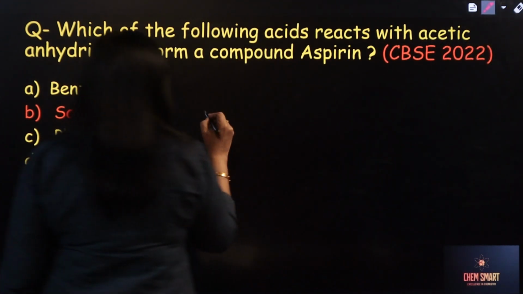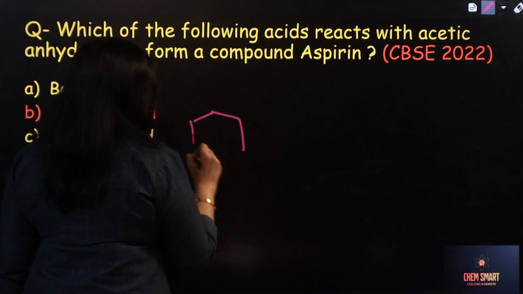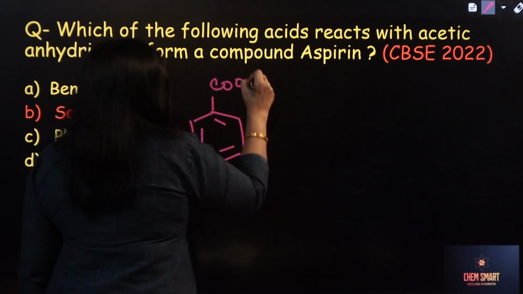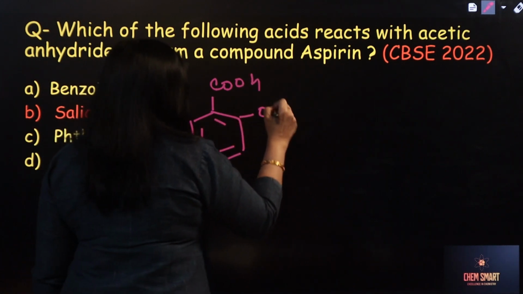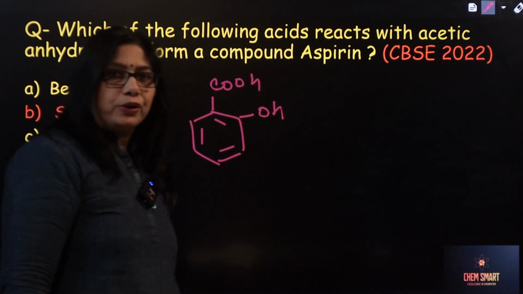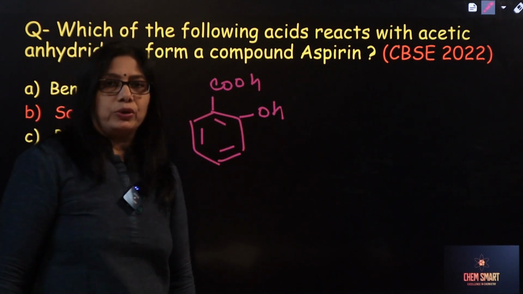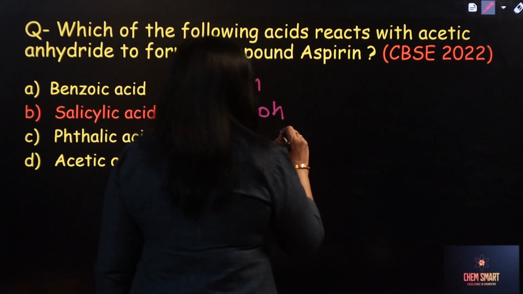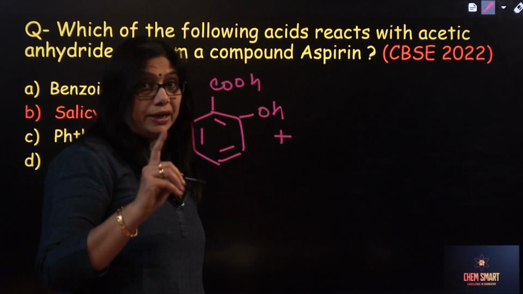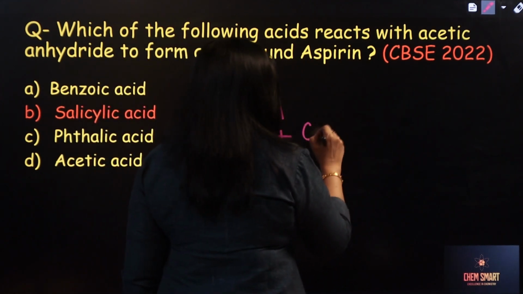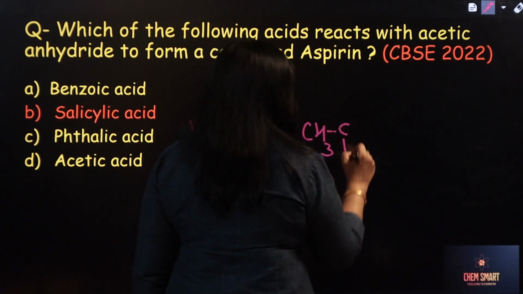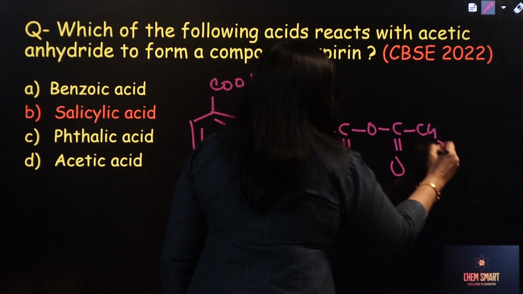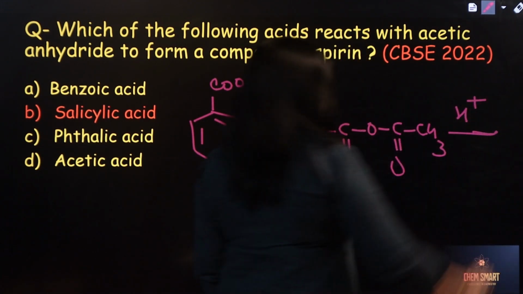Look here. What is salicylic acid? You know, this is benzoic acid. At the ortho position, you put the hydroxyl group. So this is 2-hydroxybenzoic acid or ortho-hydroxybenzoic acid, that is salicylic acid. Let it react with acetic anhydride. So what is acetic anhydride? I am just detailing its structure: CH3CO-O-CO-CH3, in the presence of H+.